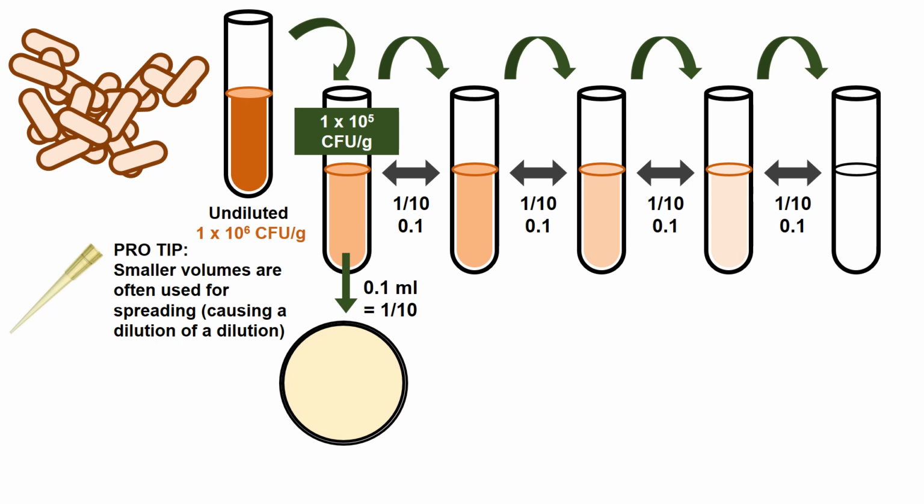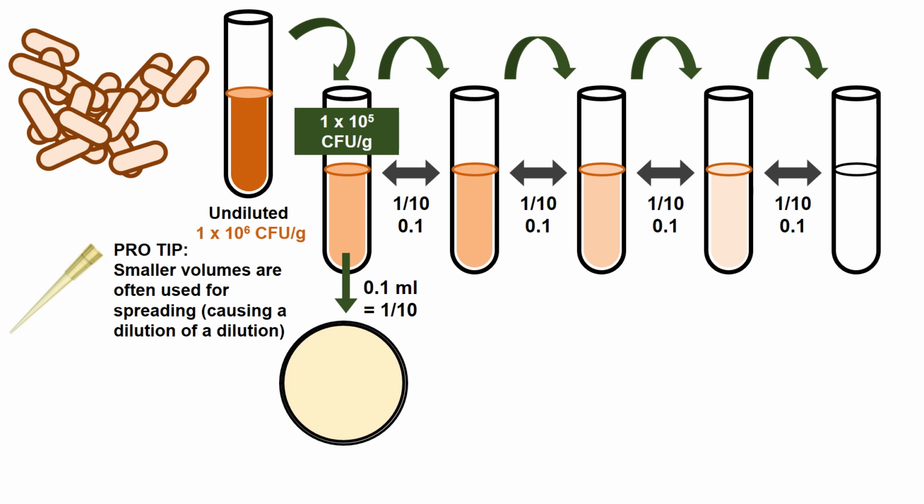But in this case, that's not really what I'm wanting you to pull out of here. 0.1 mils, or 100 microliters, is actually a tenfold dilution from the 10 mils at the concentration of 1 times 10 to the 5th CFU per gram or per mil that I have in the tube.